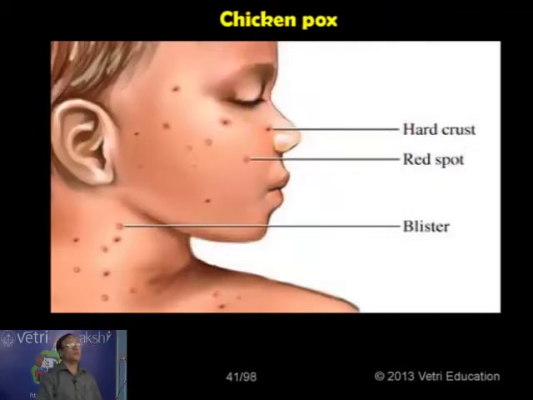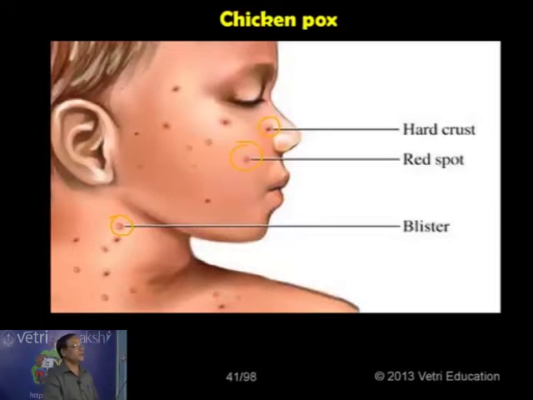Now with chickenpox, the rash begins with a red spot. This red spot passes through different stages, and finally we have a vesicle, which forms a blister, a fluid-filled vesicle. Then after recovery, we have what is called a hard crust.